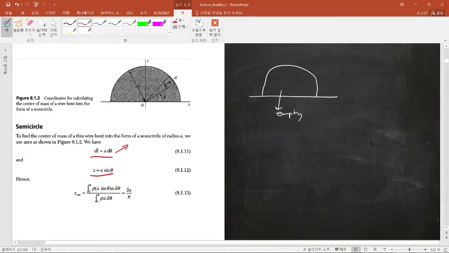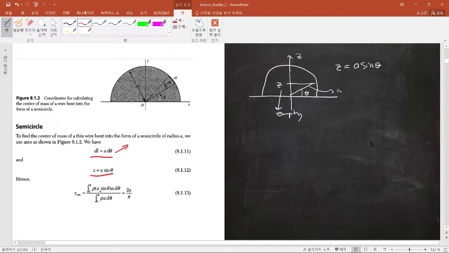So the z center of mass is equal to the integral of z a d theta, where this is theta, and this is a, so you must have z equal to a sine theta.